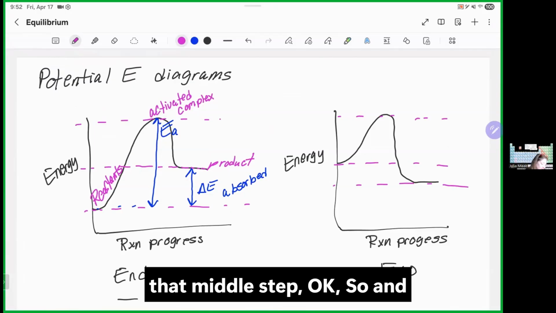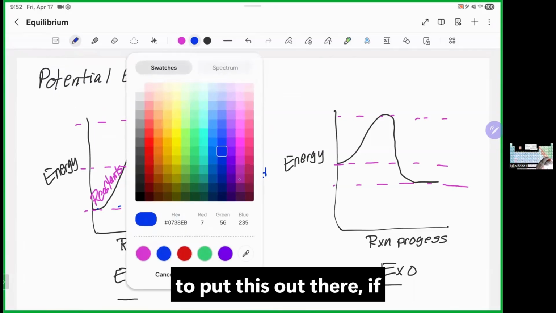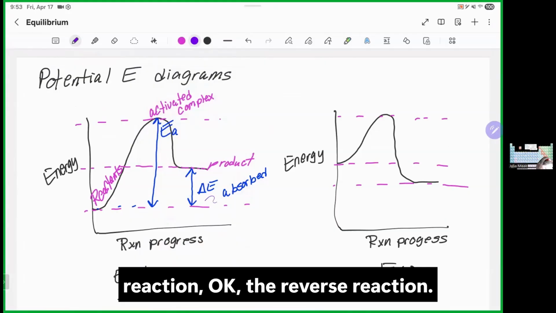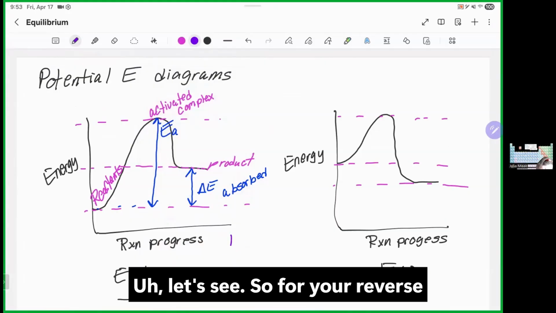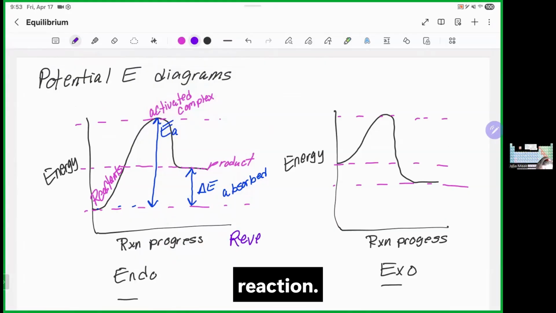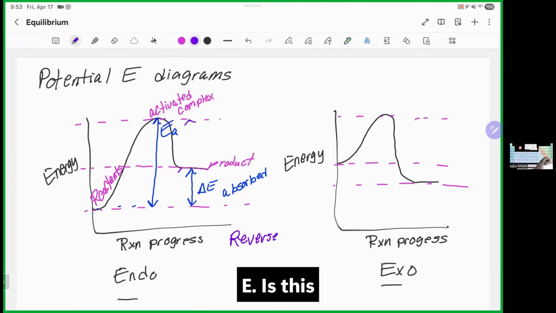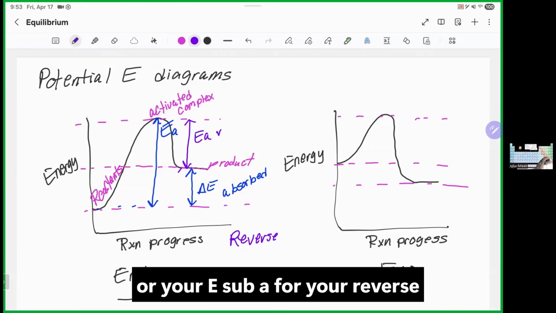Okay. So, and to put this out there, if we were talking about the reverse reaction, let's see, so for your reverse reaction, your E sub A for your reverse reaction is this.